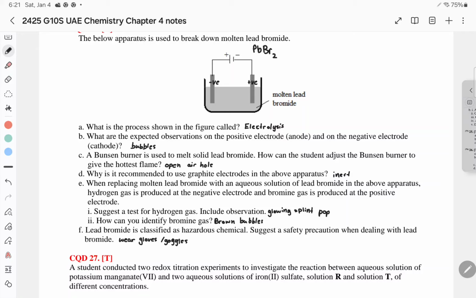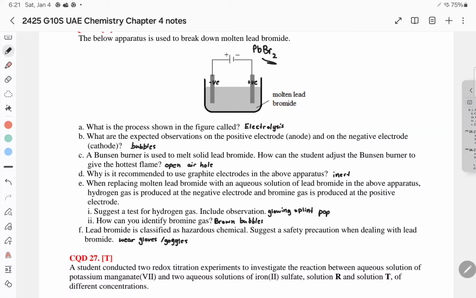So what do you expect to see on the positive electrode, which is the anode? You're going to see the negative ion, so Br, but either way, you're going to see bubbles. Always when they ask for observations, you're most likely going to see bubbles.